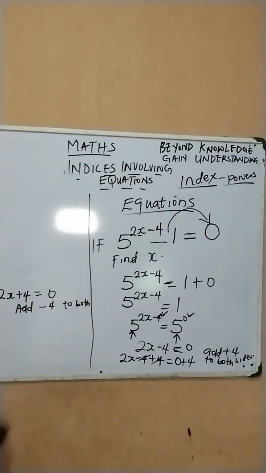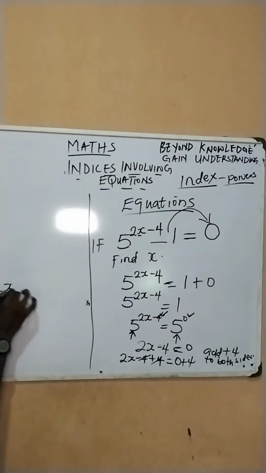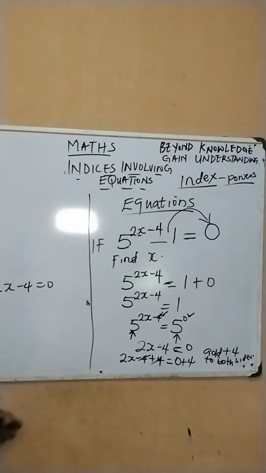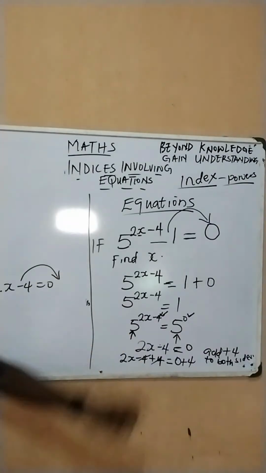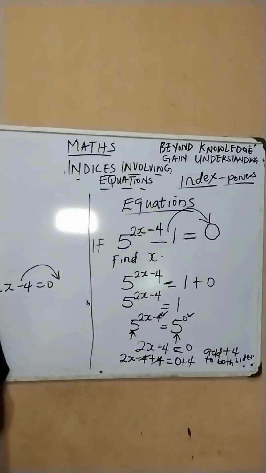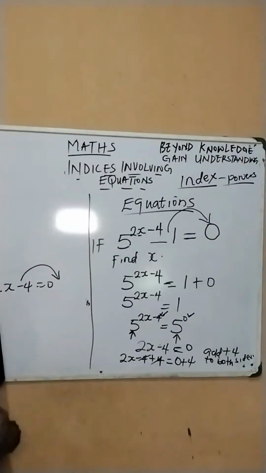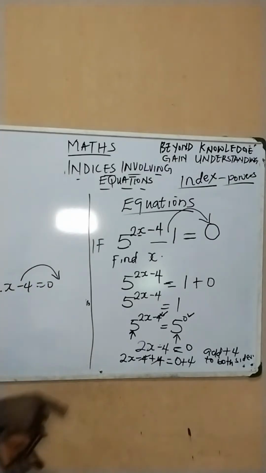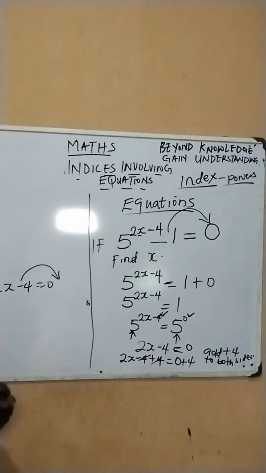Also, we can decide that instead of doing that, a short method that I love using for this particular approach is, if I have 2x minus 4 equals to 0, what I simply do is move -4 over to the right hand side. This is quite simpler for me because it helps me to visualize the change that is actually going on. Something is crossing the equality sign, and when something crosses the equality sign, the sign is going to change.